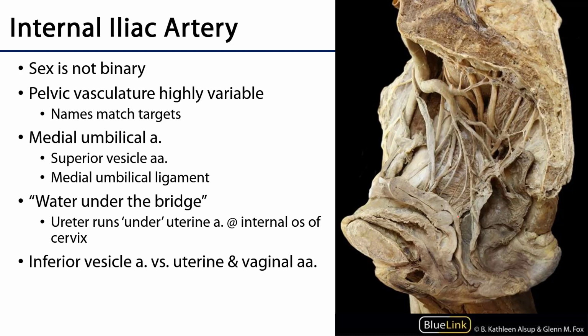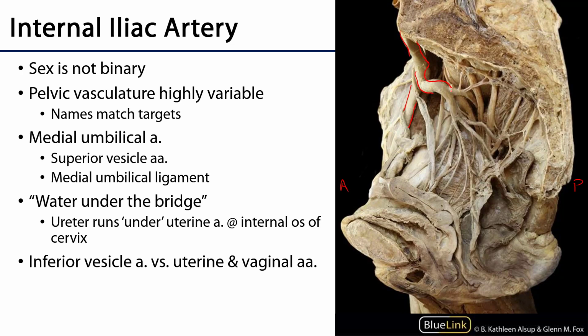Now here we can see a hemisected pelvis. So this is anterior, and that is posterior. And we can see the right common iliac artery descending down, and we can't really see it, but we can see its two pathways. That's the external iliac, bound for the lower limb, and this little tortuous individual is the internal iliac artery.